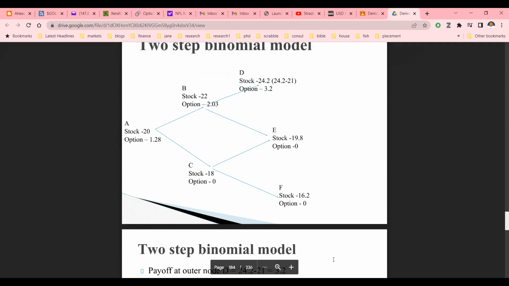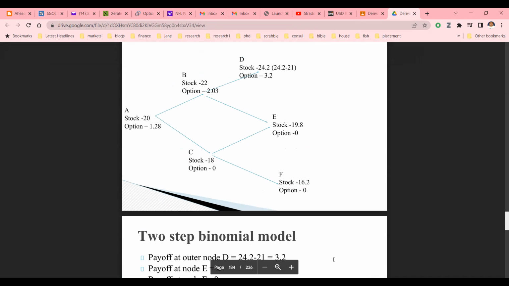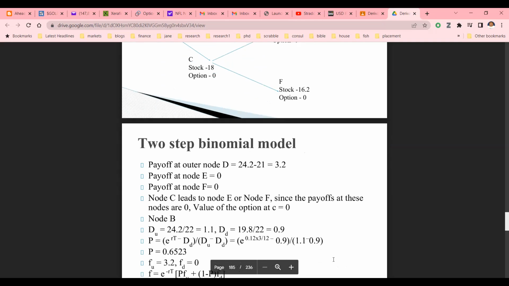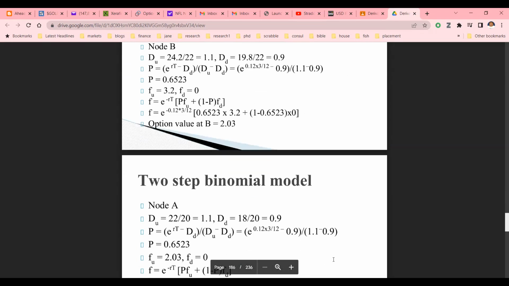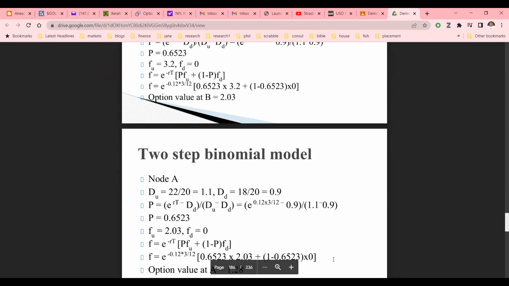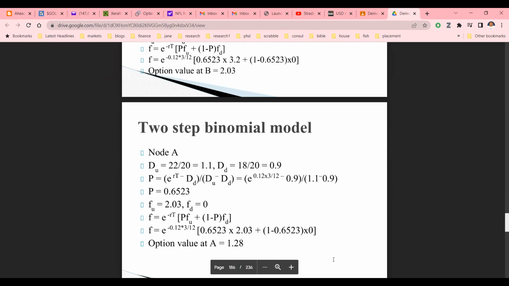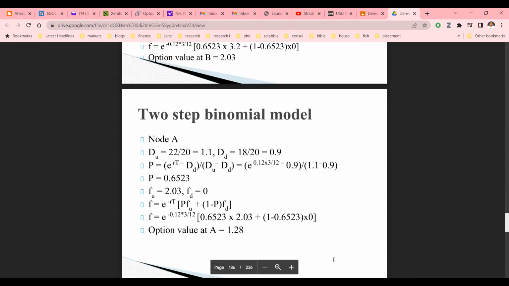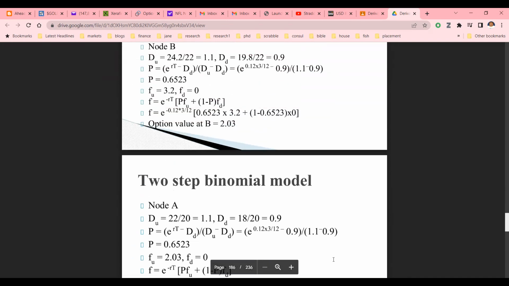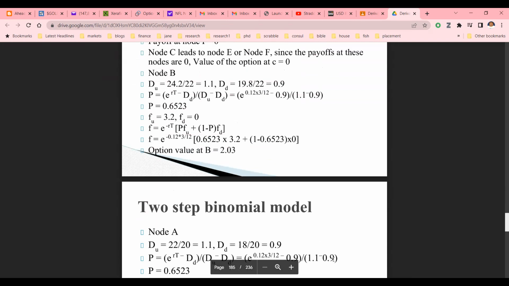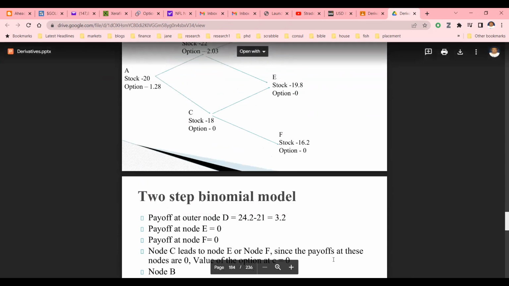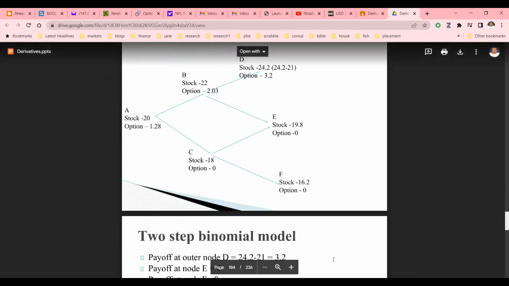Now we will calculate the value of C from E and F. Now, what is the value of option C, you think?